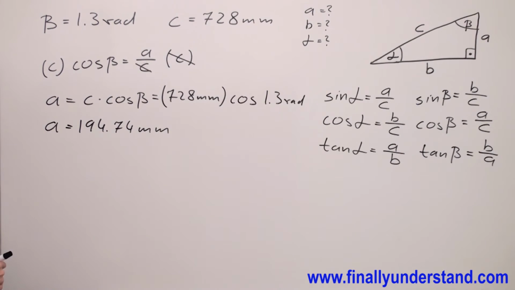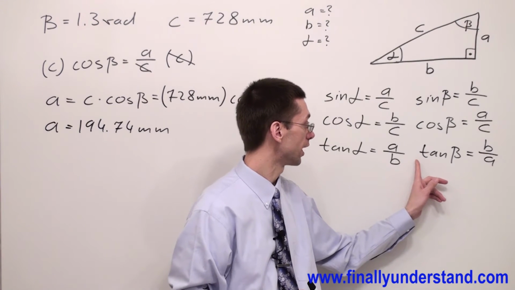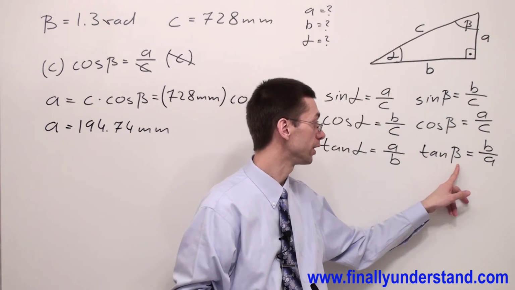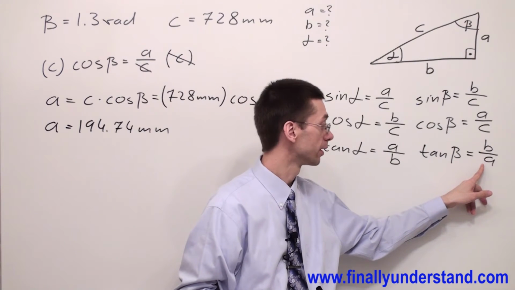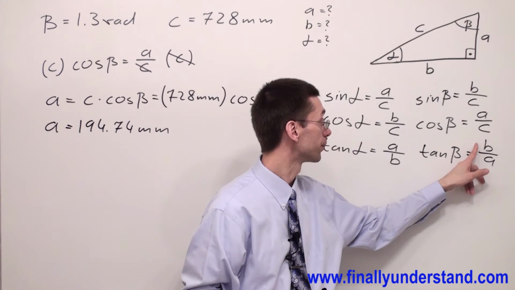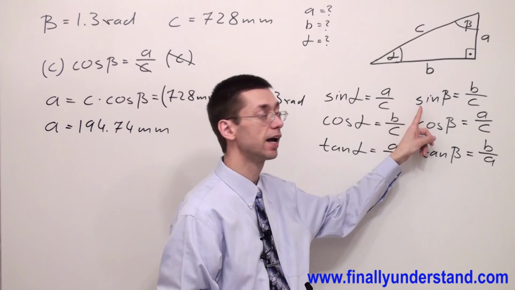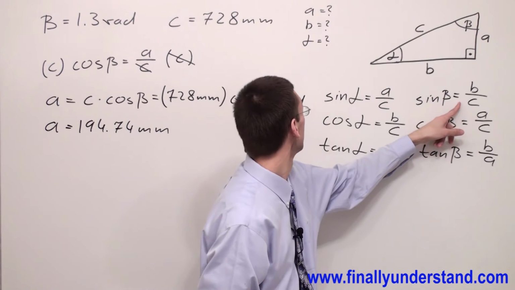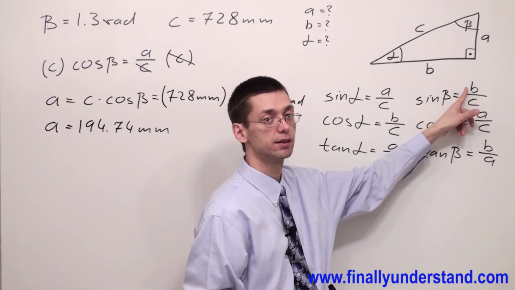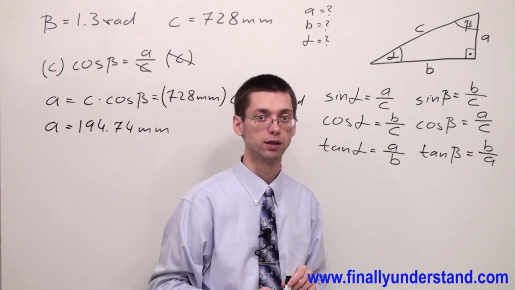If you want to find the length of side B, we can use the formula for tangent beta. Why? Because beta is given, we found A, we can find side B. Also, if you want to find side B, you can use the formula for sine of angle beta, because beta is given, C was given, and we can find side B. Also, we can use the Pythagorean theorem.